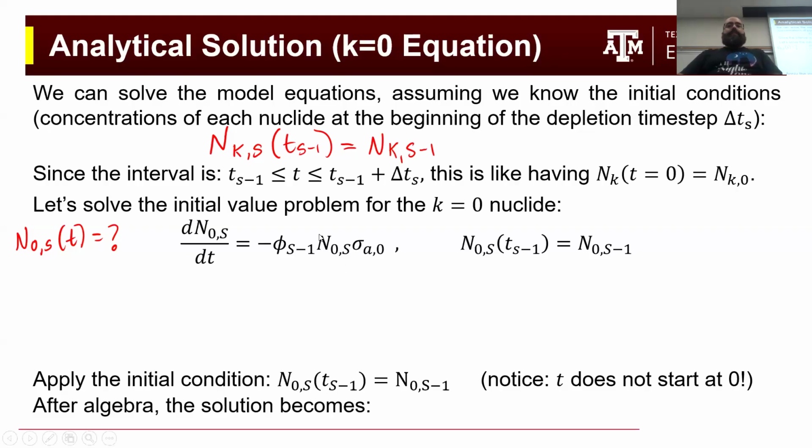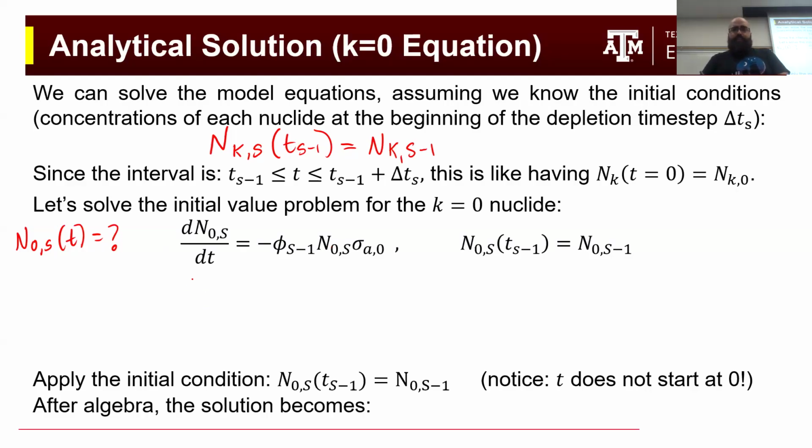It means that we could separate it such that all the things that depend on the concentration are on one side and all the things that either depend on time or are constants are on the other side. We're going to treat this almost like a fraction, multiply both sides by dt, and move this N0 to the other side.